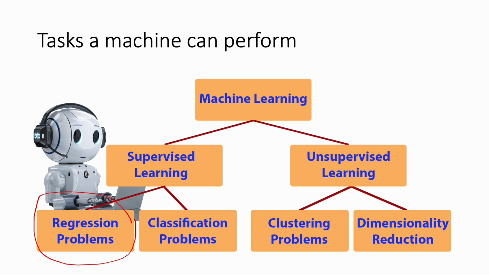So this is a supervised learning model. Supervised learning model basically means that we will provide data to the machine based on which the machine will create an algorithm for itself and use that algorithm for making predictions.